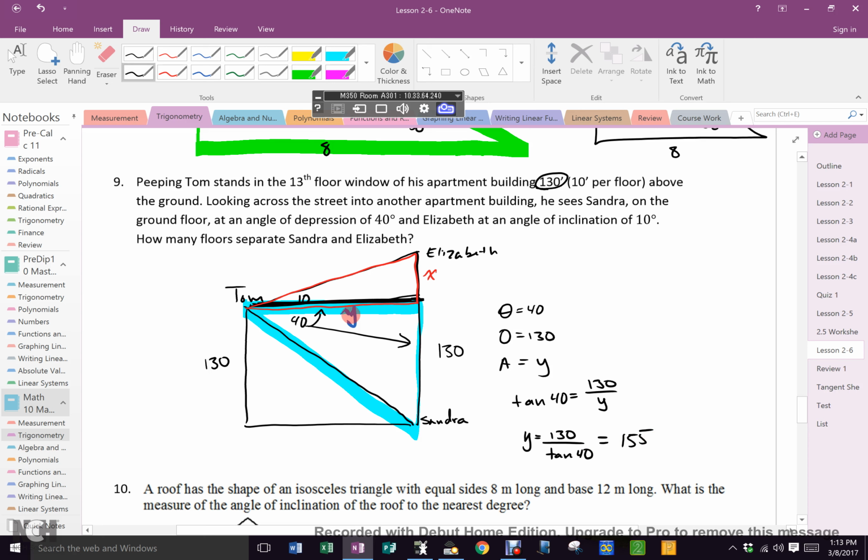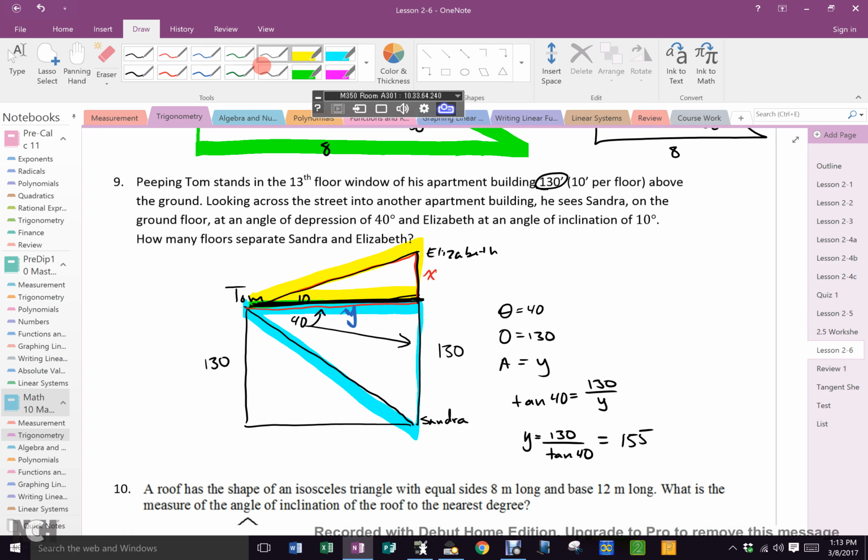So now I know what y is. So now up here, I know what y is. Yeah? So now all I got to do is find x. And I do, just like all math. It's a pattern. Now I have a new triangle. Now I am working with this yellow triangle.